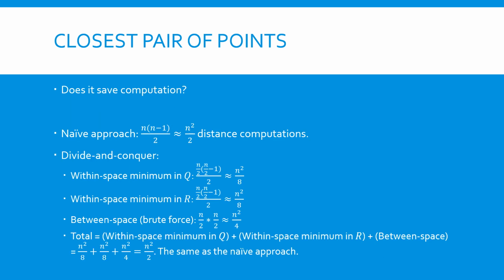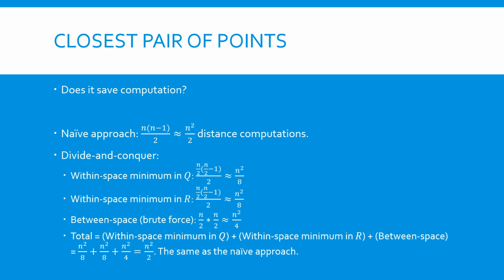To determine whether using divide and conquer can improve speed, we need to analyze whether it uses fewer computations compared to the direct solution. The naive solution that directly considers all combinations of 2 points needs to compute n²/2 distances. Using divide and conquer, each subspace now contains n/2 points.